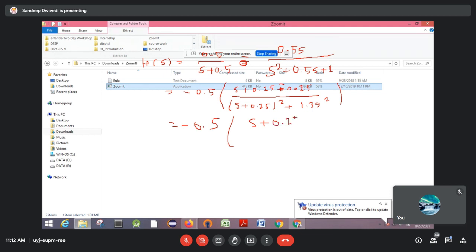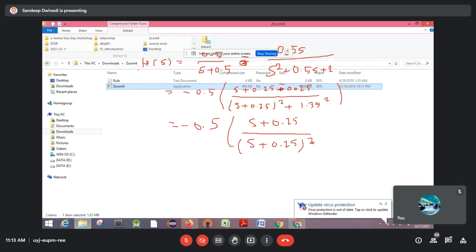This is a s plus a, this is s plus a. Okay, and this will be s plus 0.25 bracket square, so this is s plus a square.